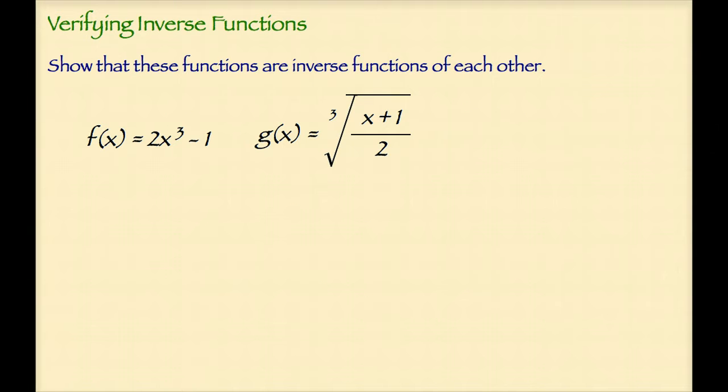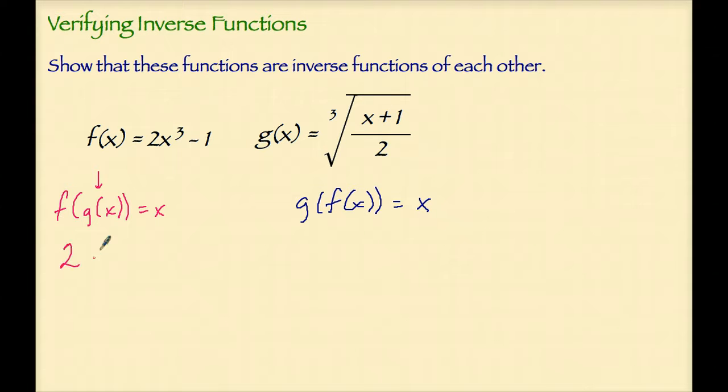Let's use this definition to verify that these two functions are inverses of each other. We'll need to show that f of g of x equals x and that g of f of x equals x. In composing these functions for the first step, I'll need to insert the entire g of x function in for x in the f function.